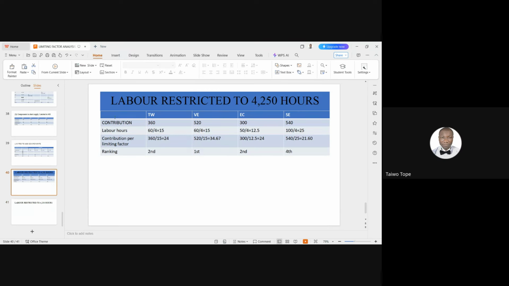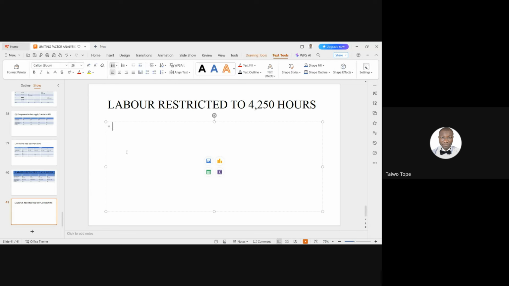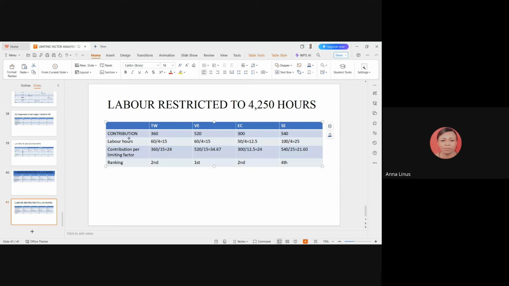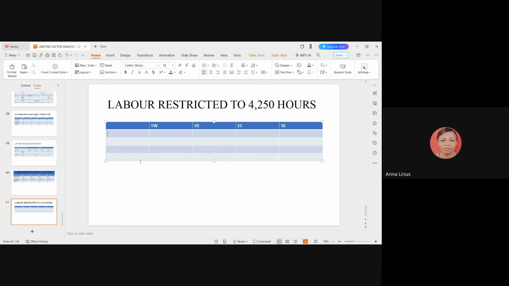How are we going to work on it? The special order for TW is 30, so multiply it by 15.